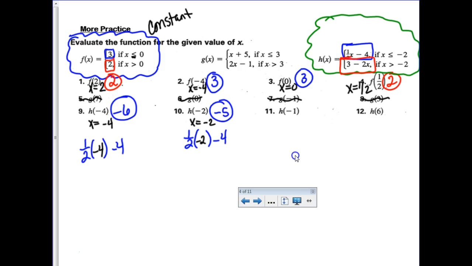Okay, so now, same function, but this time my x is -1. Should I be looking at the top function or the bottom function if it's -1 for x? This time our x is greater than -2, so we're going to use the bottom function. So 3 minus 2 times the -1. I think that's a +2, so it's 5.